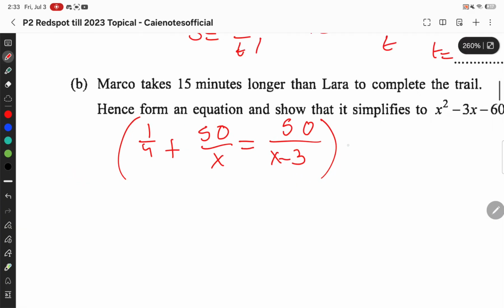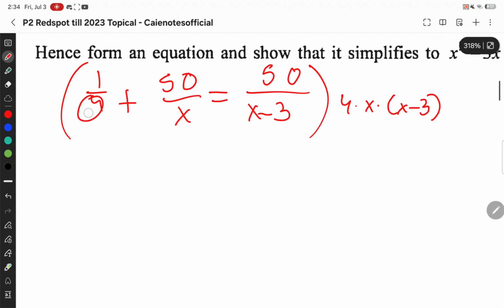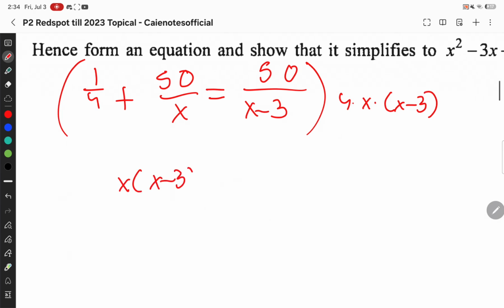Denominators we have is 4x minus 3. Everyone, and I mean everyone. Here we have a 4. If we multiply this over 4, the 4 term cancels out. So we get 1 times x minus 3. This can be just x times x minus 3.